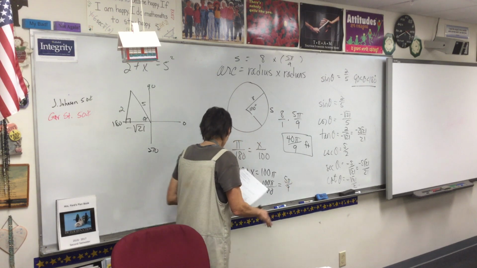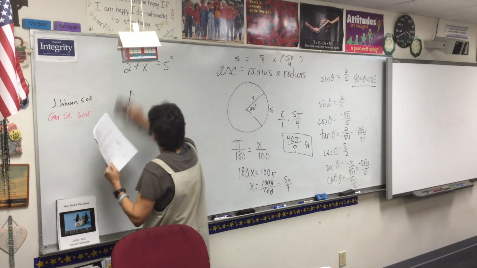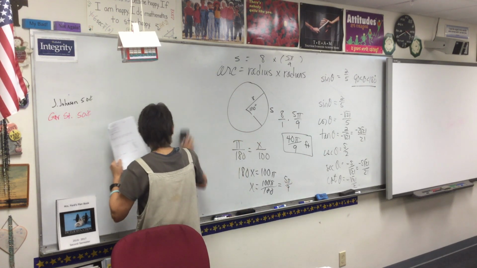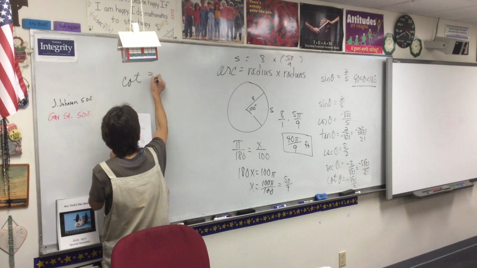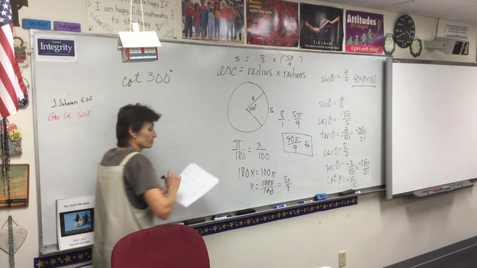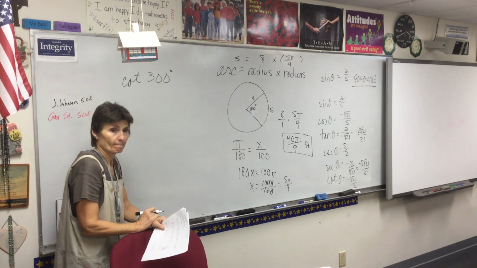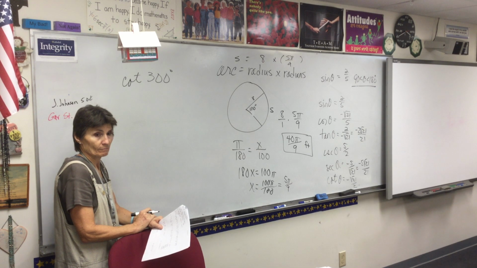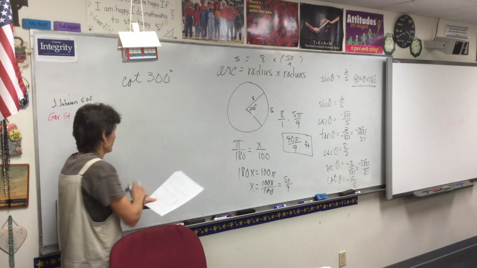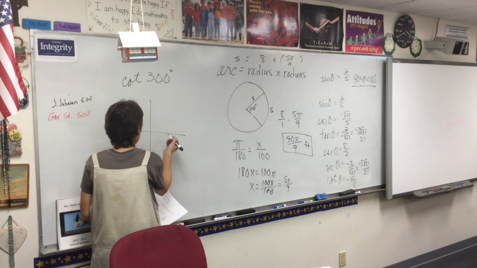Okay, all right, a couple more here. So we've got the cotangent of 300. We know where 300 is.